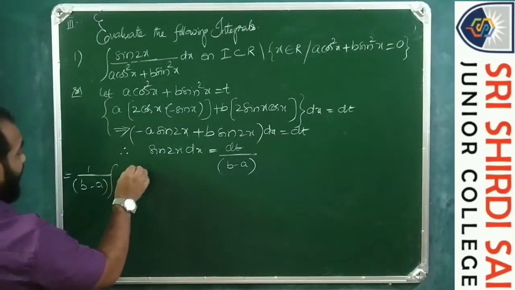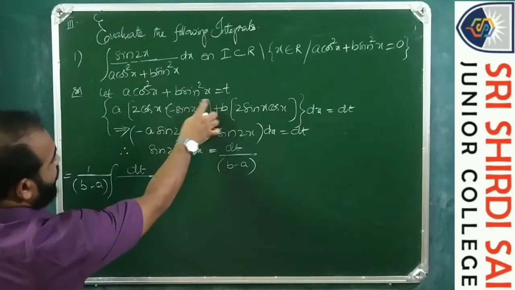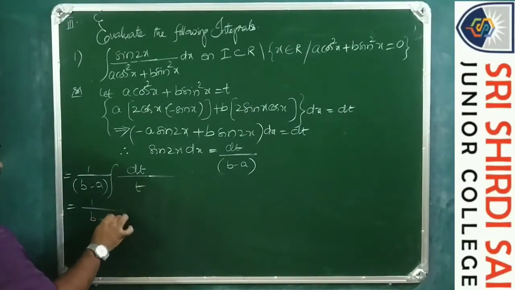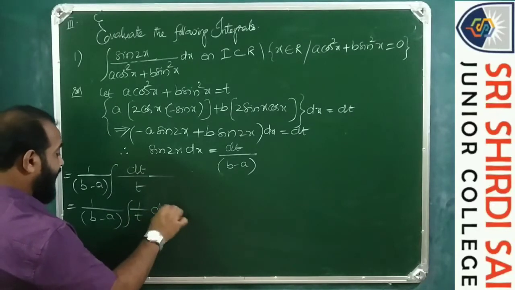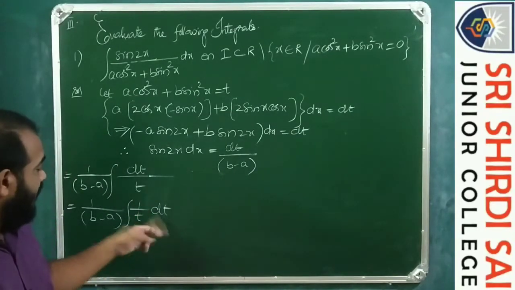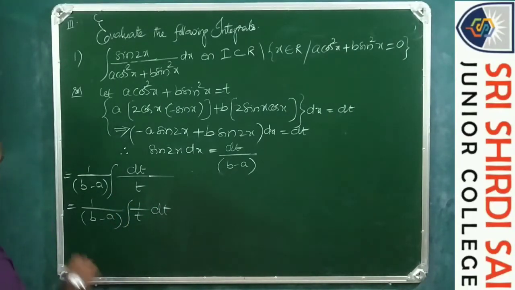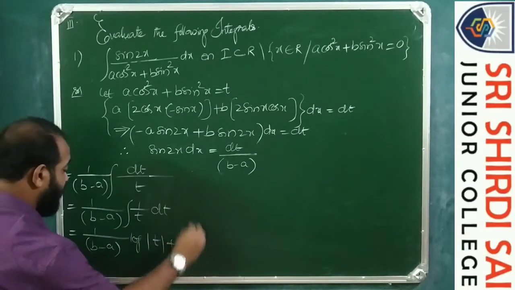So this is dt by (a cos square x plus b sin square x), which we have treated to be t. So 1 by (b minus a), this is nothing but integral 1 by t dt. What is integral 1 by x dx? Log mod x. Then what would be integral 1 by t dt? Log mod t. So this is 1 by (b minus a) log modulus of t plus constant of integration c.